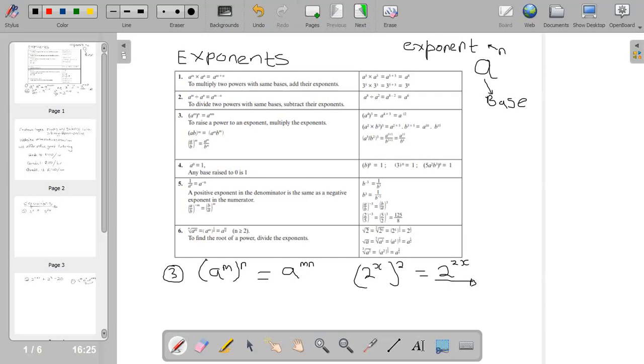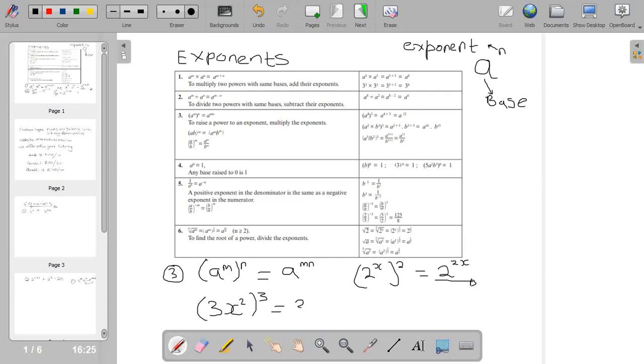This would apply if we have 3 exponent, say x squared, all to the power 3. The exponent 3 will multiply with the exponent of this base, and it will also multiply with the exponent of this base.